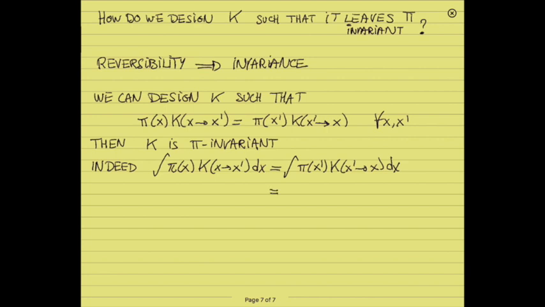And so we can take pi of x prime out of the integral, and we're left with the integral of k of x prime to x, which is equal to 1, because for any x prime, k of x prime to x is the probability density function of a distribution, and so integrates to 1. And so thus, pi k is equal to pi if k is pi reversible. And that's what we're going to do later on. We're going to design k to be pi reversible.